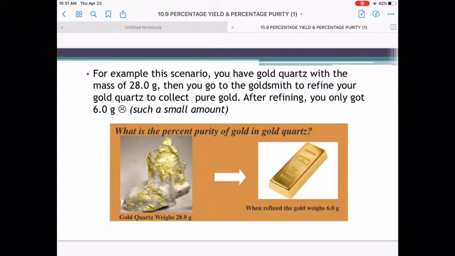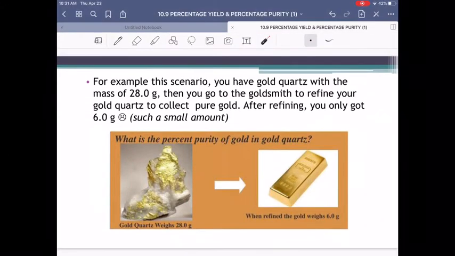Then you go to the goldsmith to refine the gold quartz to collect the pure gold. After refining, you only get 6 grams. It's such a small amount. Well, this is true. It does actually happen in the gold shop. If you go to change your jewelry to get the pure gold, you actually get less.